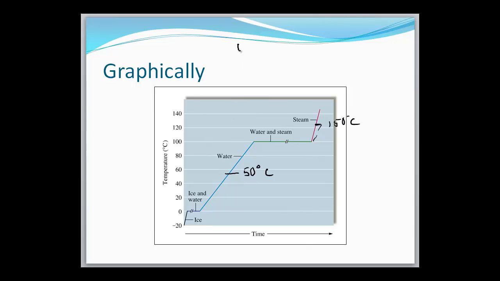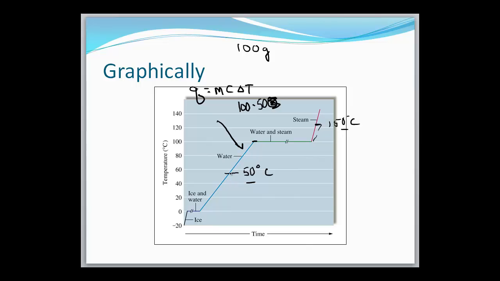Let's say we're talking about 100 grams of water, and that's our initial temperature, and that's our final temperature. What you're going to need to do is a calculation for each section. In other words, for that section we would use Q is equal to mc delta T, and our delta T would be 100 minus 50.